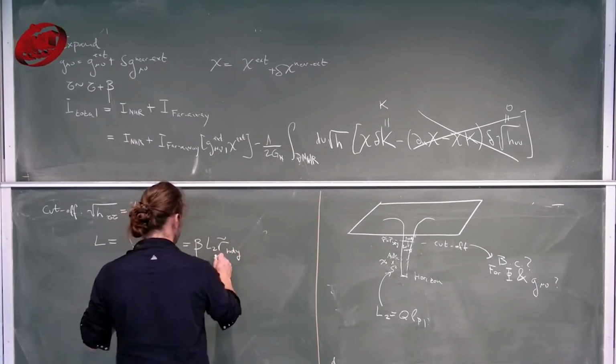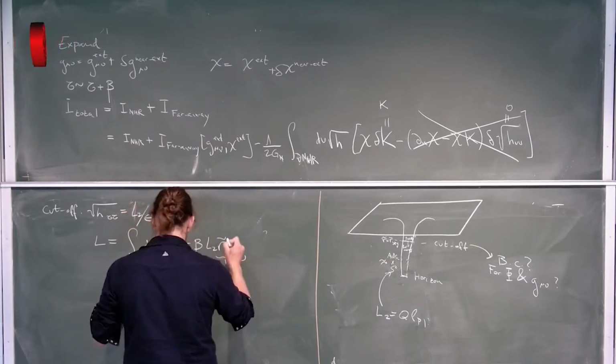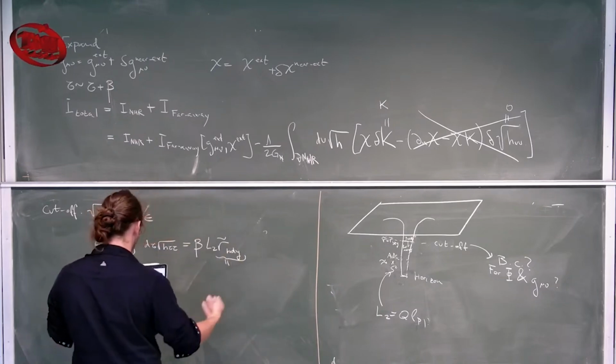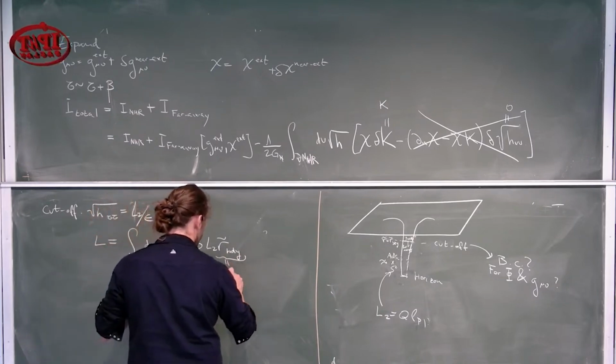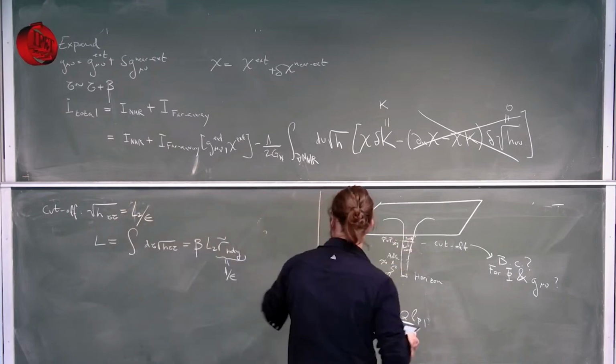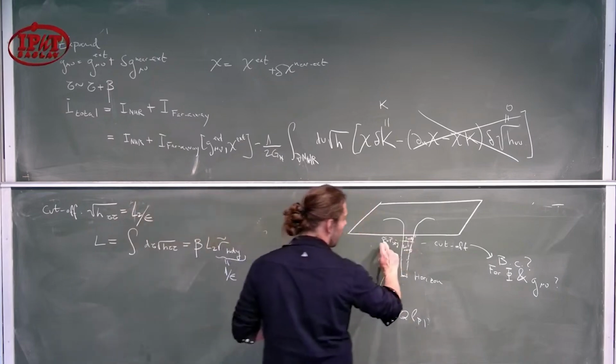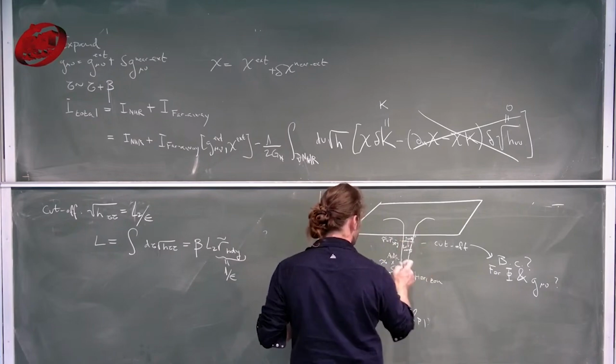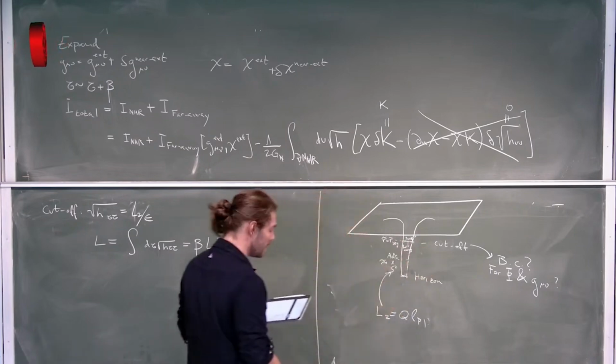So it means that this r tilde boundary takes the role of 1 over epsilon. So the cutoff here, epsilon, is related to where I put my AdS2 boundary in these r tilde coordinates.